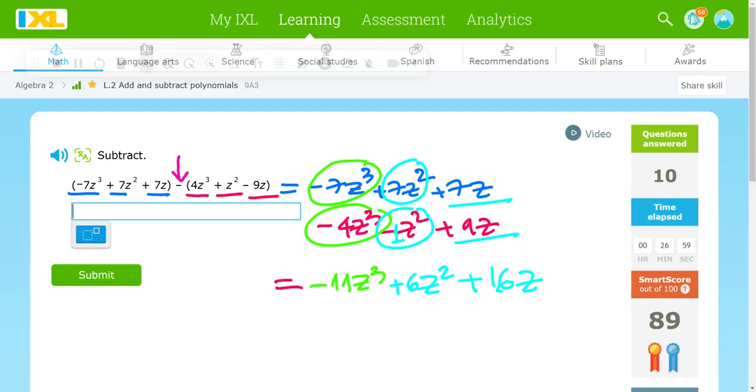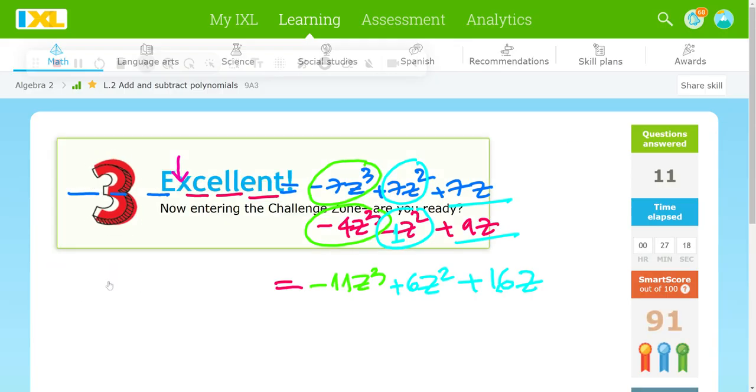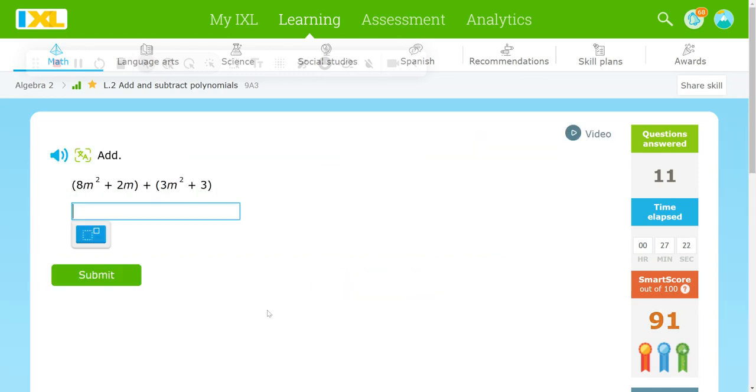So now put it down. Subtract 11z cubed, and then plus 6z squared, and the last one is plus 16z. Submit. Voila. So you know what to do. Same thing, very similar.